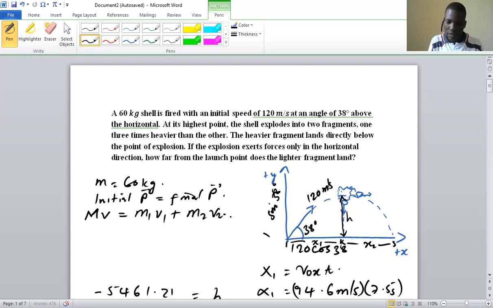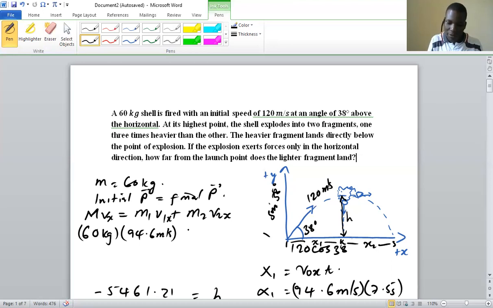So this is in the x. This is momentum in the x. So what we're going to have is the mass is 60 kg in the initial stage, and the speed was 94.6. We calculated that.